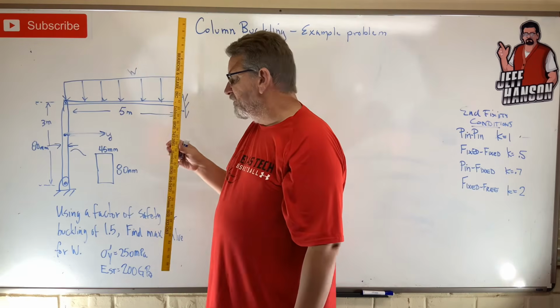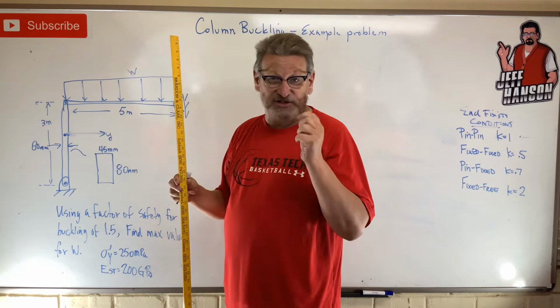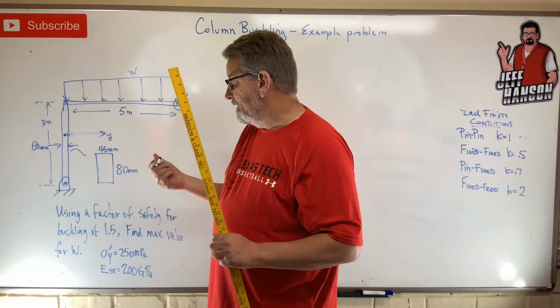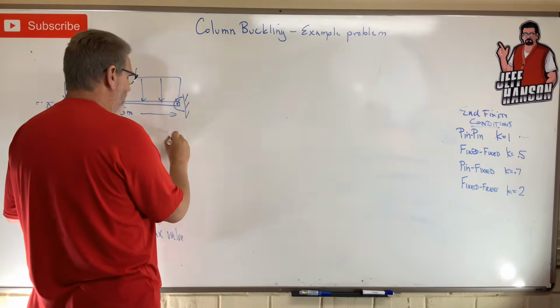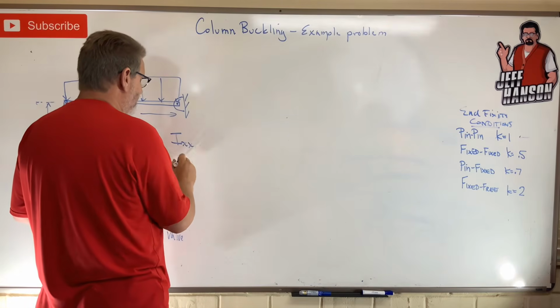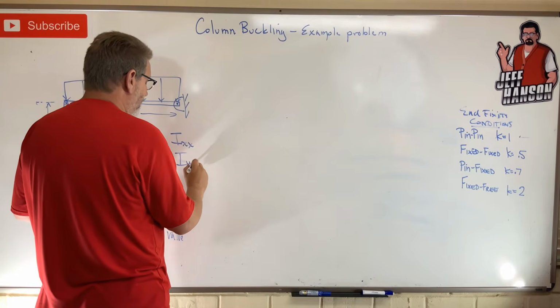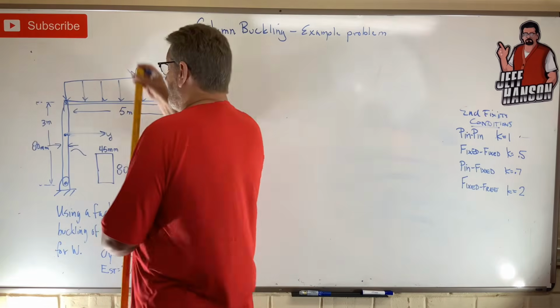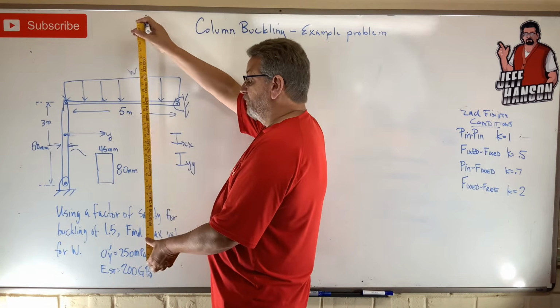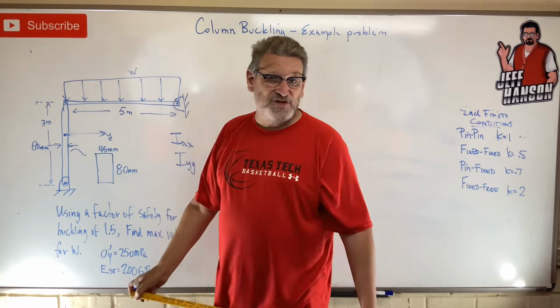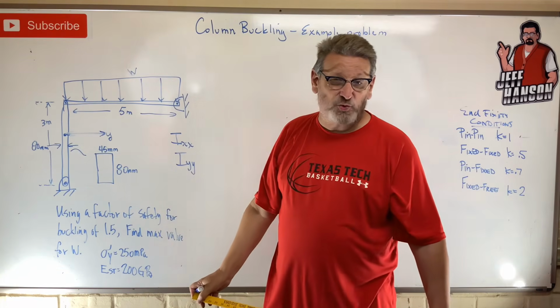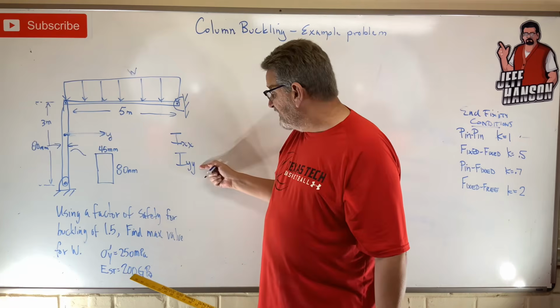But the question I have for you, now, there's two things that change here. Number one is the moment of inertia definitely changes. So you have Ix and you have Iy, okay? Again, Iy is going to be what we call the weak axis. Ix is going to be the strong axis. That's one of the most confused things that students get wrong, is they get these two things backwards.